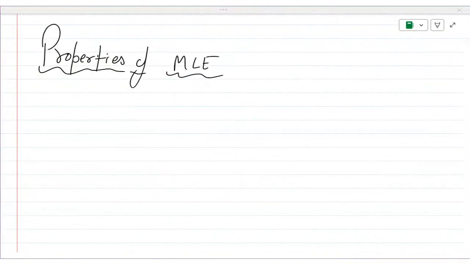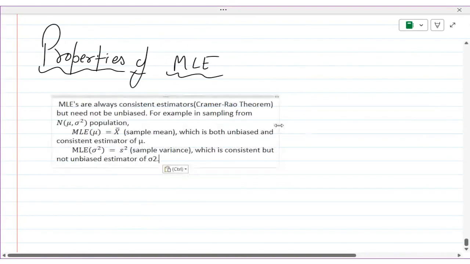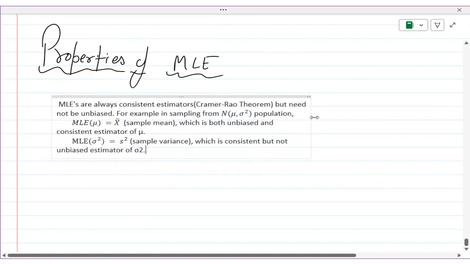The first property is maximum likelihood estimators are always consistent estimators, but they need not be unbiased. Okay. So the first property is maximum likelihood estimators are always consistent, but they need not be unbiased.